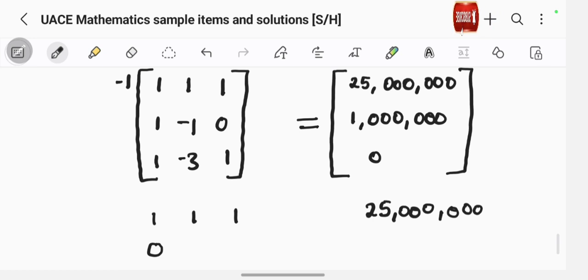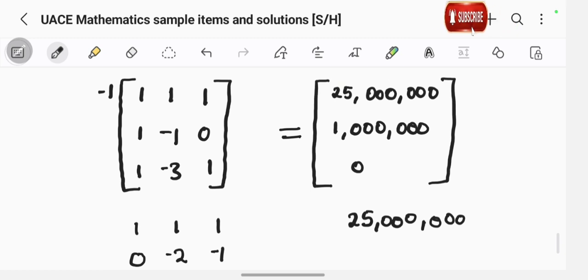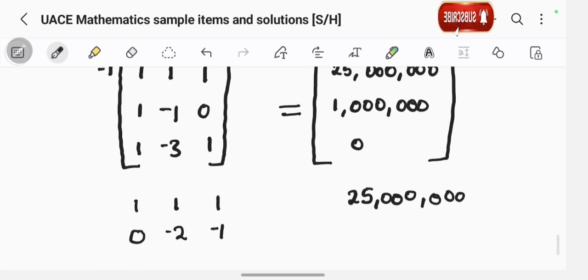Negative 1 times 1, negative 1. Plus negative 1, that's negative 2. And this one is negative 1. Then, this way it's going to be negative 1 times 25m plus 1m. That's negative 24m.